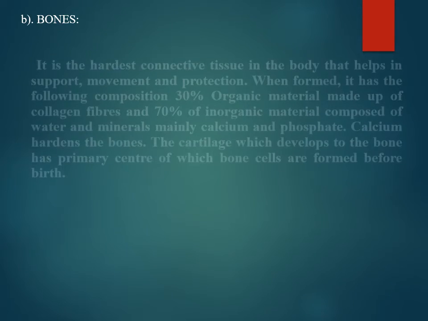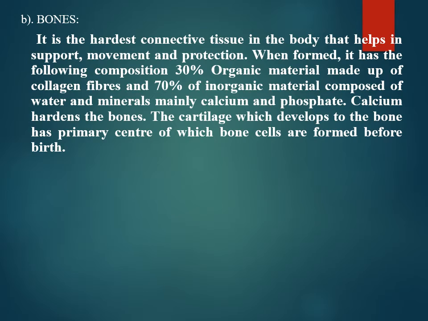We'll get to the introduction of the bone. What is the bone? And what is it made of? The bone is the hardest connective tissue in the body that helps in support, movement, and protection.